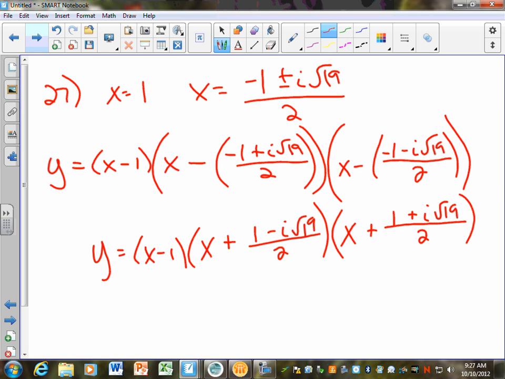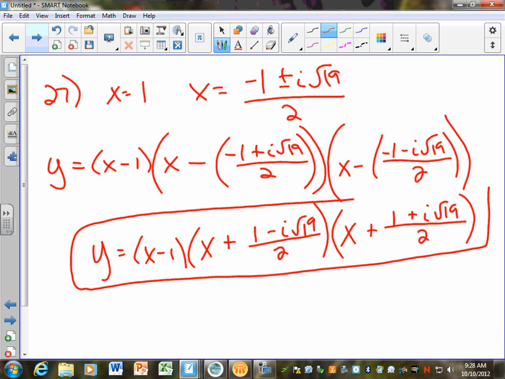And so linear factorization means take the zeros that you get and write them as linear factors. And not that we would want to multiply this out, but if we did multiply that out, we would get back that original problem, is what it's saying. No, you did not have to multiply it out. Right. And that's a good way to check your answer. But right, when it says write the linear factorization, they want it factored, like in factored form is the answer that they want. So I apologize.